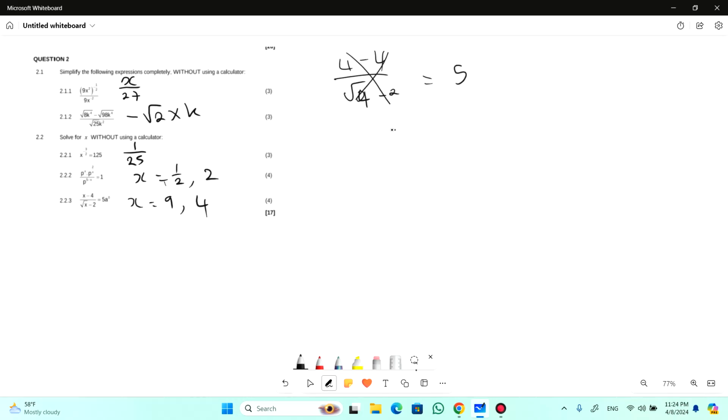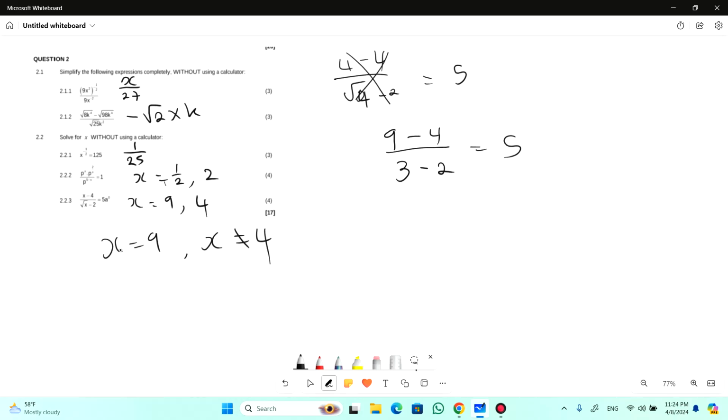So if I try the 9, 9 minus 4 over the square root of 9, which is 3, and 3 minus 2, this will give me 5. So meaning here we have x equal to 9 and x not equal to 4 in that case.